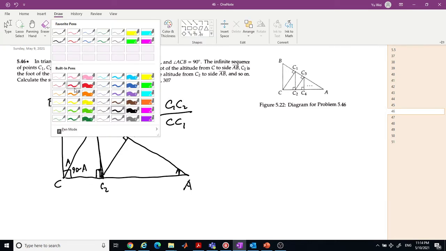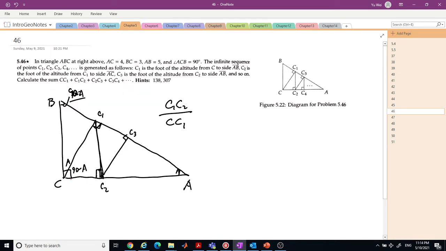So what we see is this triangle CC1C2 is similar to triangle ABC.